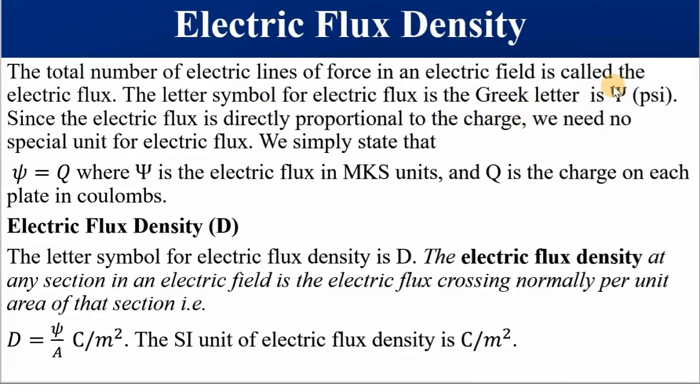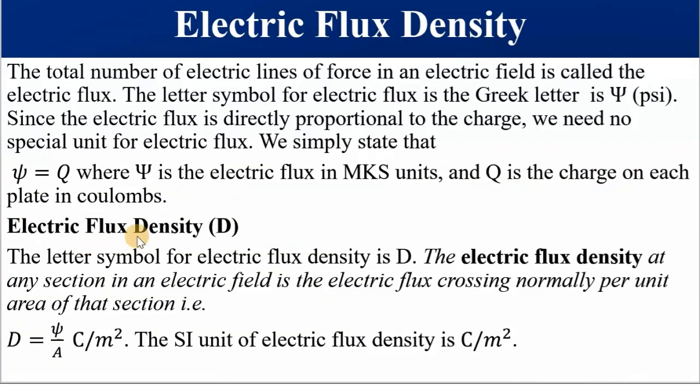This is the symbol for electric flux. Electric flux is different from electromagnetic flux. Please take note. And since the electric flux is directly proportional to the charge, we need no special unit for electric flux, and we simply state that electric flux is equal to charge, where psi is the electric flux and Q is the charge on each plate.